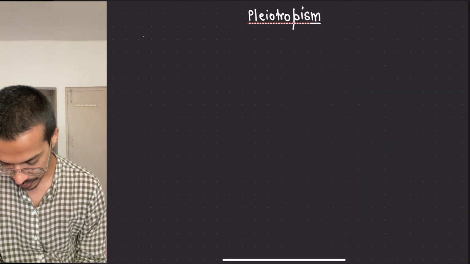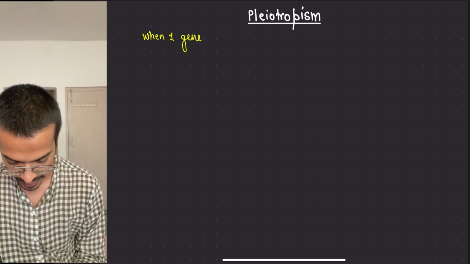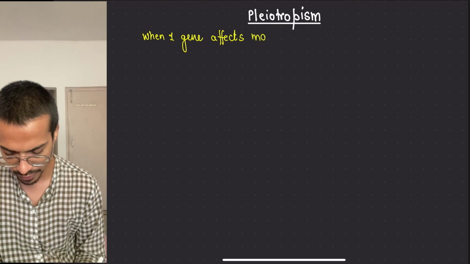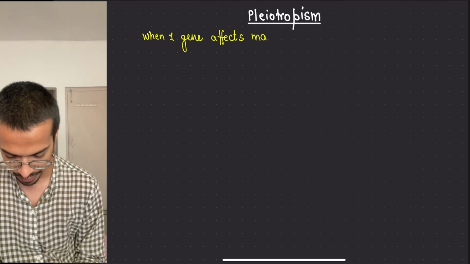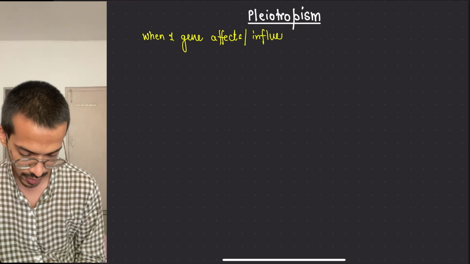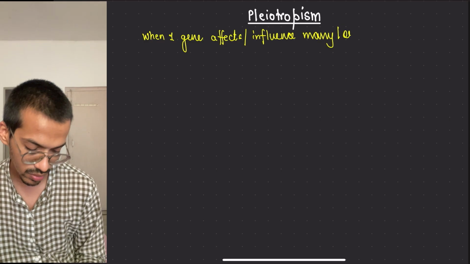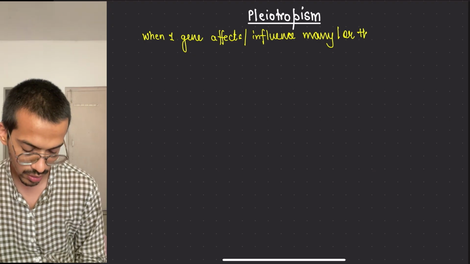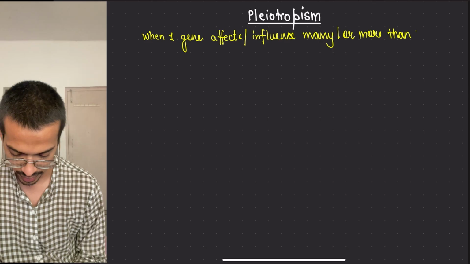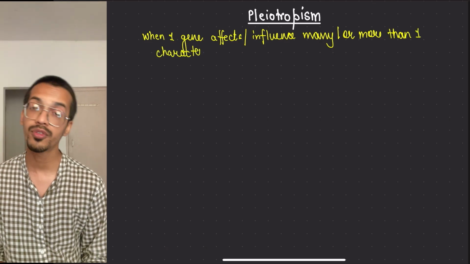So in simple words, if we have to write that, when one gene affects or influences many or more than one characters. This is what Pleiotropism is.